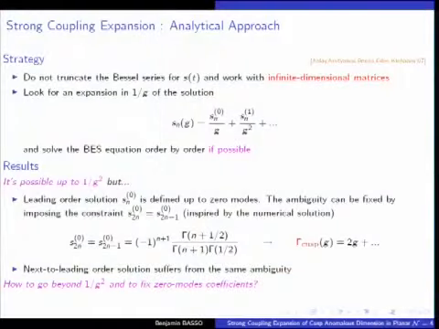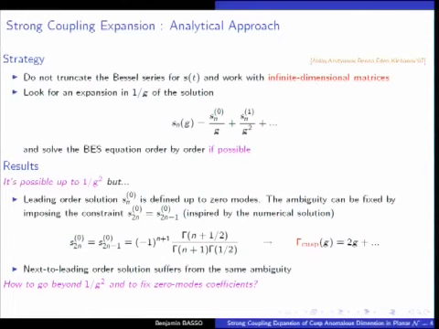Also, it is possible to look at the analytical approach, and in this case we have the same setup as before, but we do not truncate the Bessel series, and we work with the infinite dimensional matrices, the continuous BES problem.